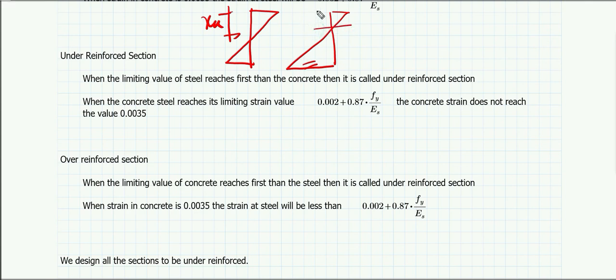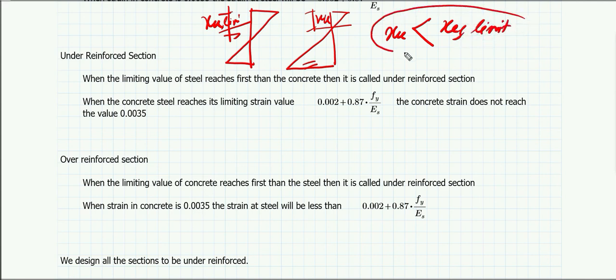If this is XU, and this is XU limit for balanced, then it has been found that for an under reinforced section, XU is less than XU limit. If anywhere you find that the XU of a particular section is less than the XU limit that you have calculated for that particular grade of steel, then you know that this section is going to be an under reinforced section. Okay, clear?